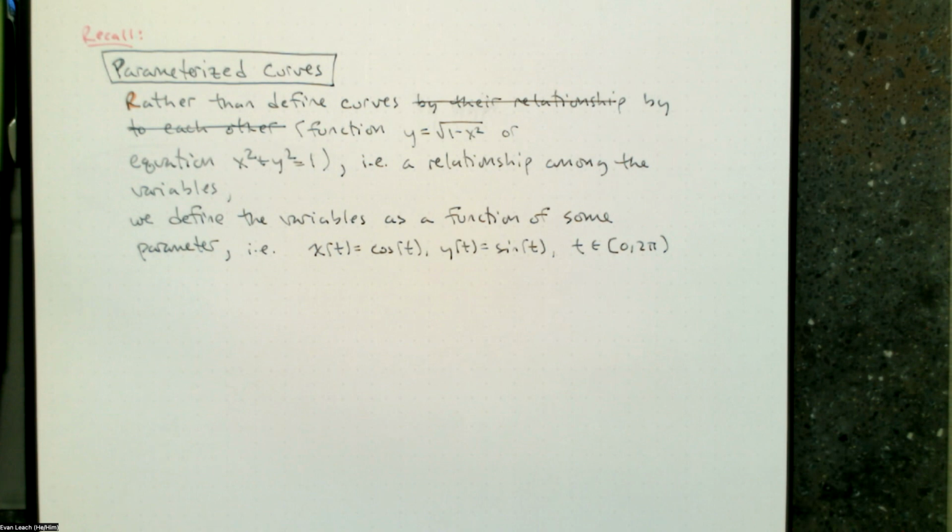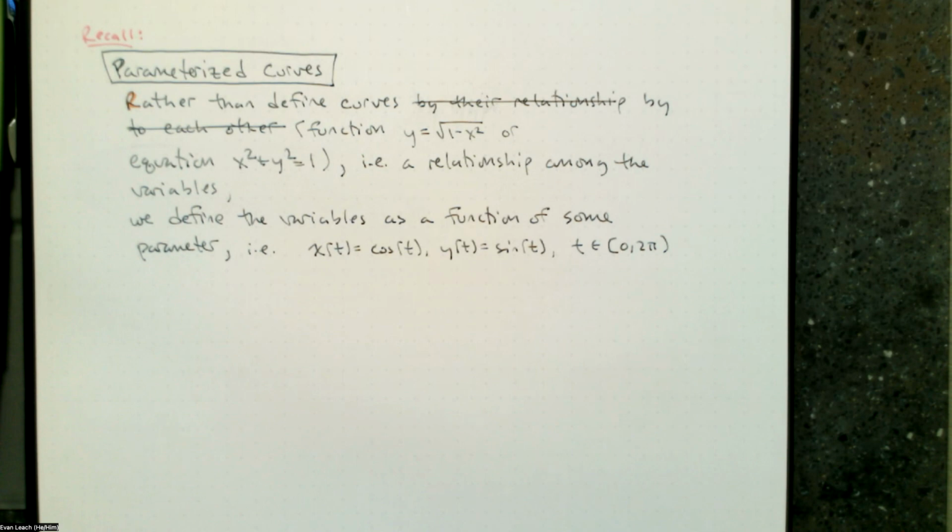So the idea here is rather than make a relationship between x and y and establishing a curve that way, we make x and y functions of some other parameter. So I'm going to use our favorite example, a circle, or in the case of the function, a half circle. X and y are not functions of each other.